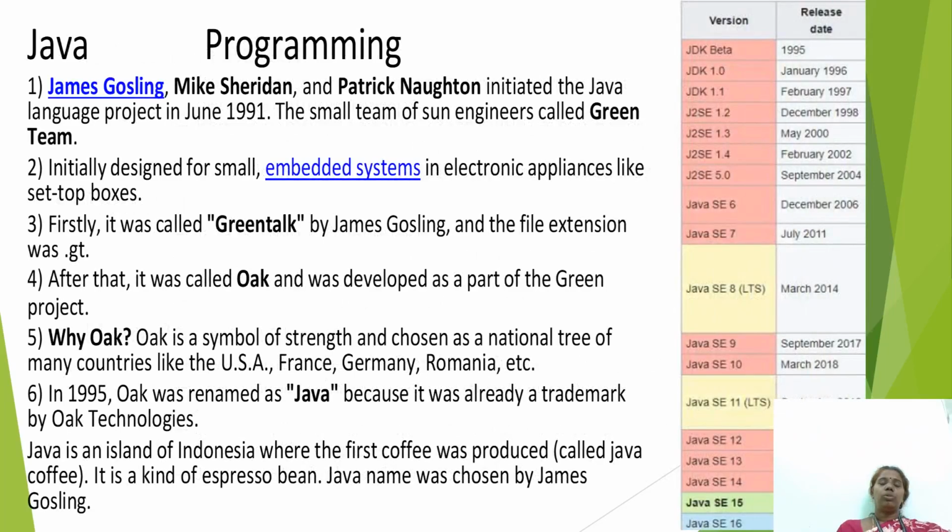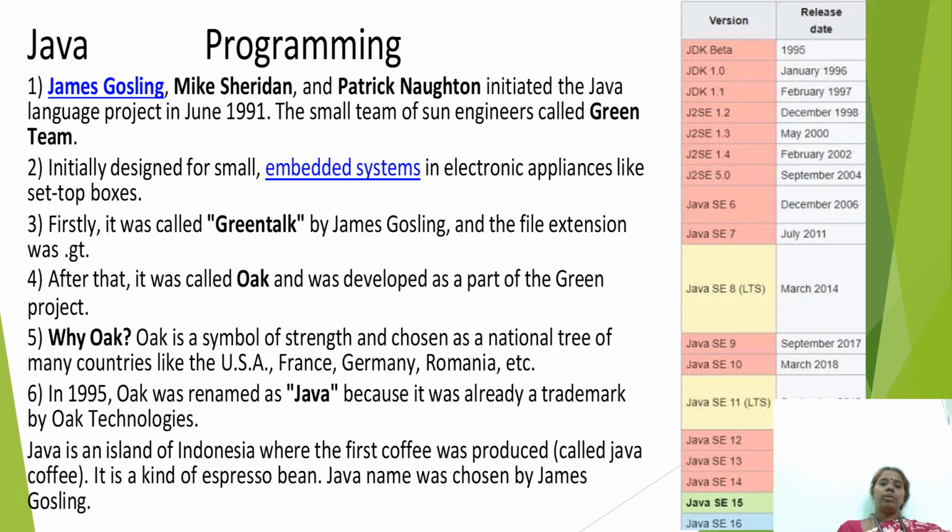Now we are going to see the Java history. So who developed Java? James Gosling, Mike Sheridan, and Patrick Naughton initiated the Java language project in June 1991.